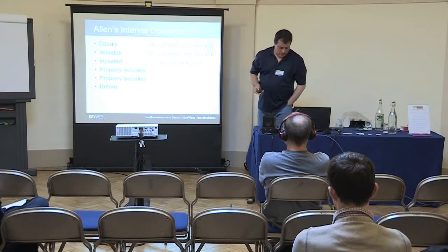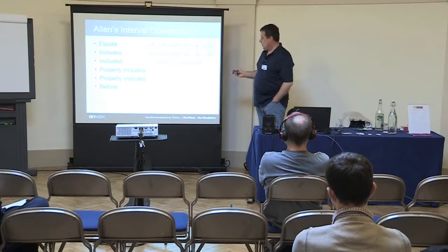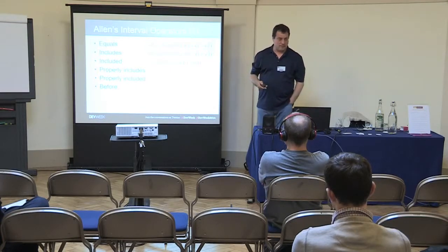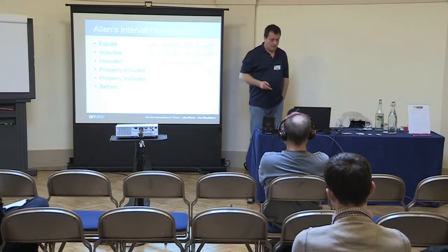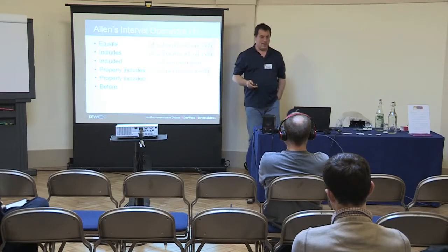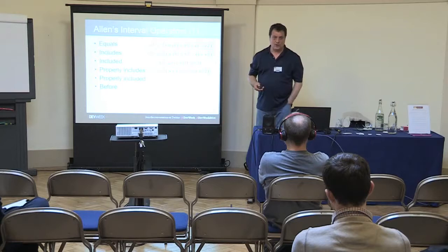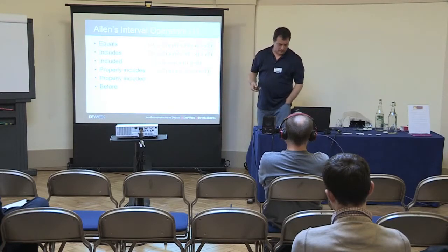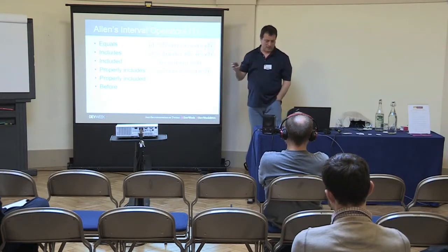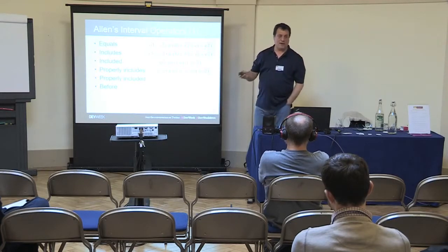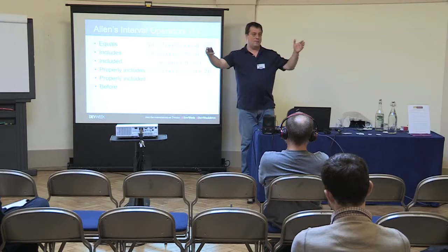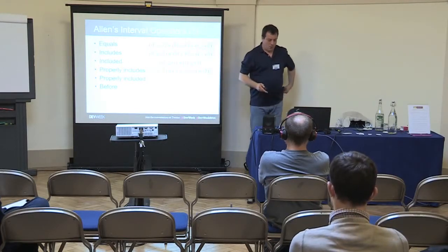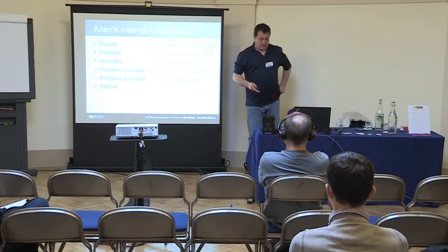Now, includes means that it could also be the same interval. Each interval then includes itself. Okay? Then we can also define proper inclusion, like interval 1 properly includes interval 2 if they are different. So at least begin or end must be different. Properly included is the opposite direction.